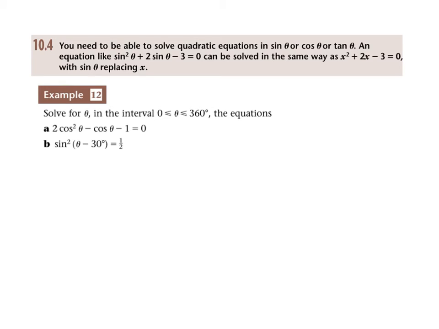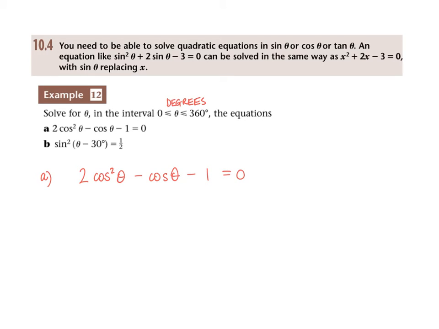We have solve for the interval from 0 to 360 degrees. So we know that we're working in degrees. And we have the first equation is 2 cos squared theta minus cos theta minus 1 equals 0.